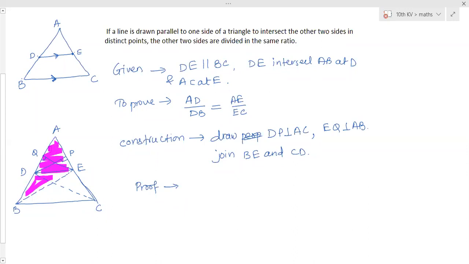We are considering the triangles which are on side AB. So AB is the base, ADE is one triangle and DEB is another triangle.